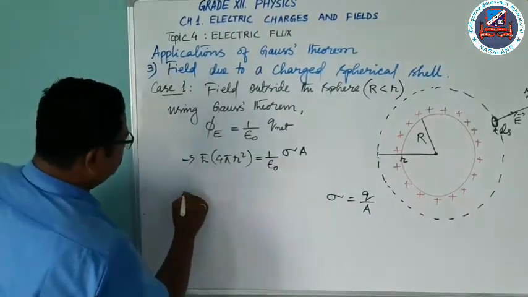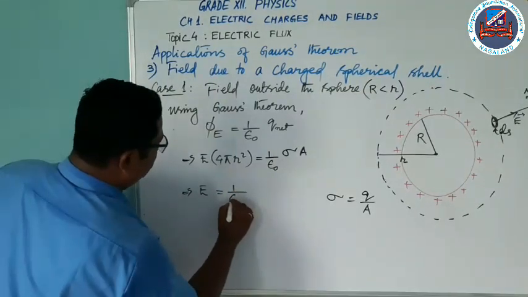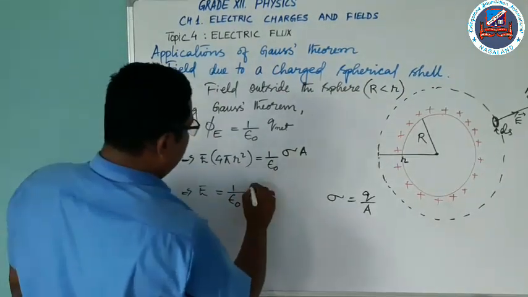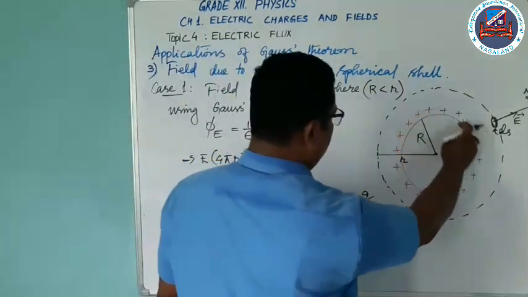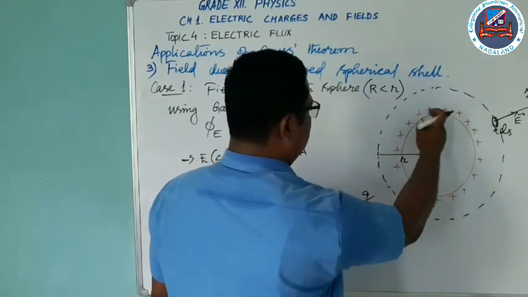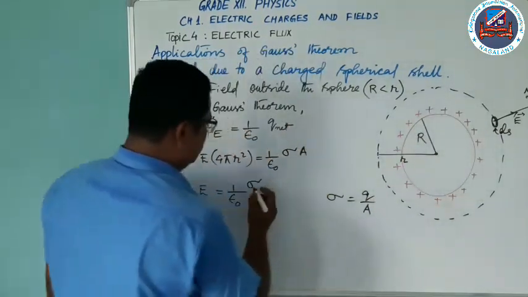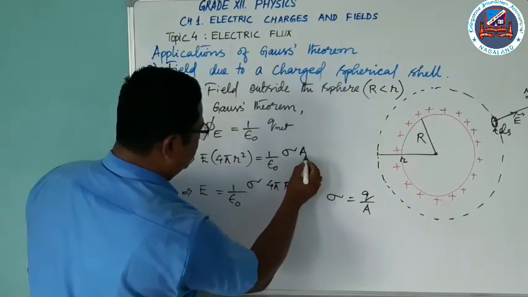So the electric field intensity is equal to 1 by epsilon naught sigma A, the area of the surface charge, which is 4 pi capital R square. Charges are distributed over the surface, so it will be 4 pi capital R square in place of this area.